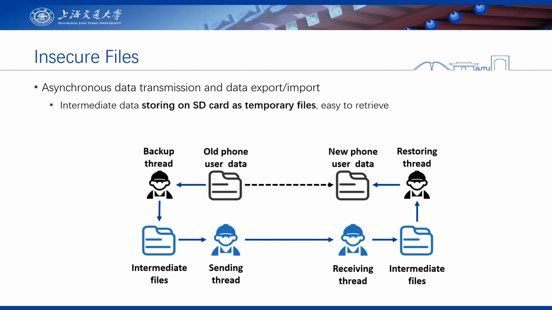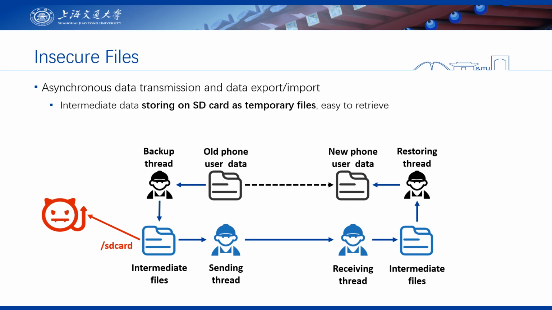A highly critical security flaw we found among those data clone services is that they tend to store user data as intermediate files on the SD card. These files are not properly protected, and malicious third-party apps with external storage permissions could copy these files and obtain sensitive data.